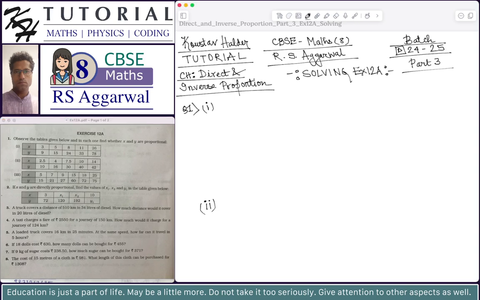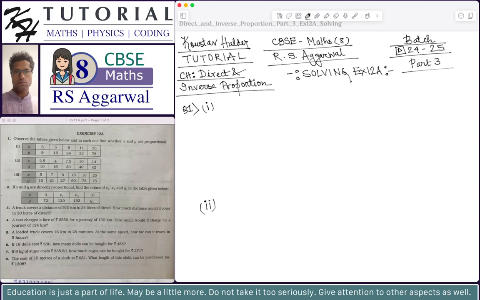Okay. So for the first one, how do we verify whether the corresponding values of the quantities x and y are in direct proportion? We must have the ratio of all of them equal to the same constant.